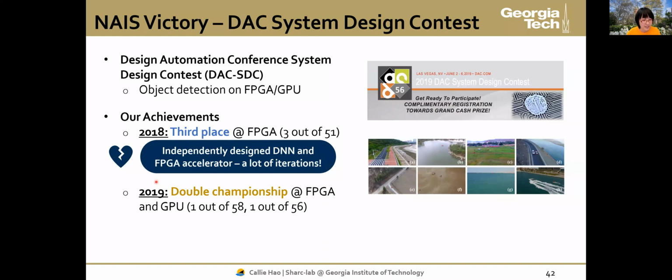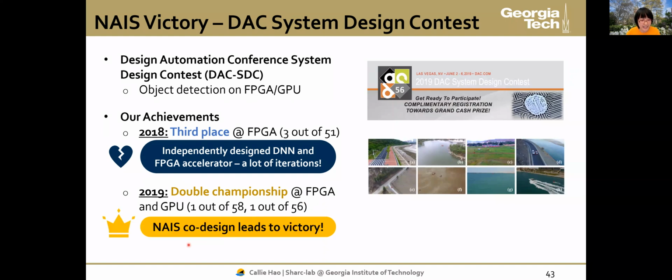After we learned how to do the co-design, in 2019 we actually won the double championship for both the FPGA category and the GPU category. We won both. And this is really a nice victory. And we thank NICE that led us to this victory. So it turns out that this co-design actually works and it's very helpful.